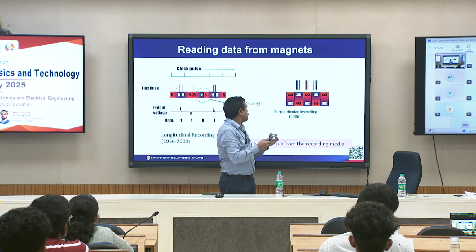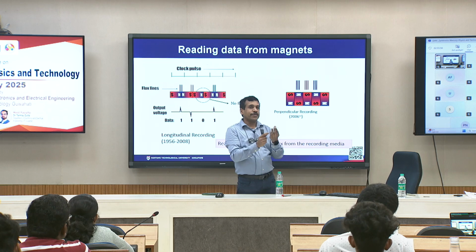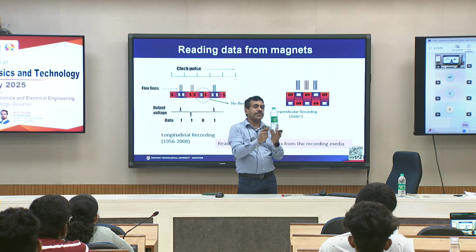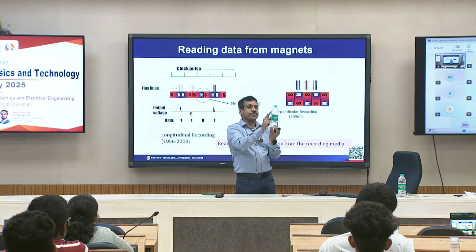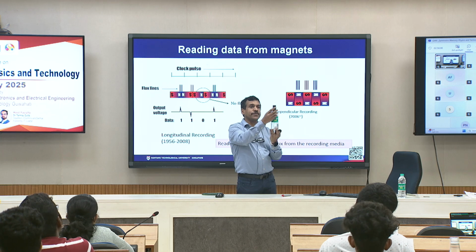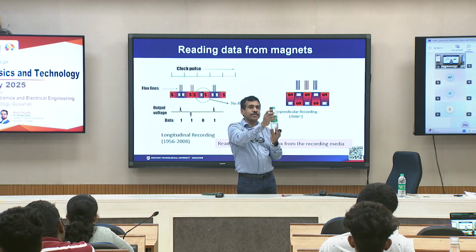Whereas, in the case of perpendicular recording, you have a film, and the film has a perpendicular magnetic anisotropy. So, your grains have easy axis in the perpendicular direction. So, you can magnetize these grains to have magnetization up or magnetization pointing down. These two are the easy directions.